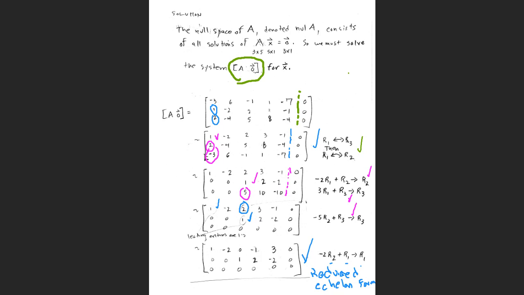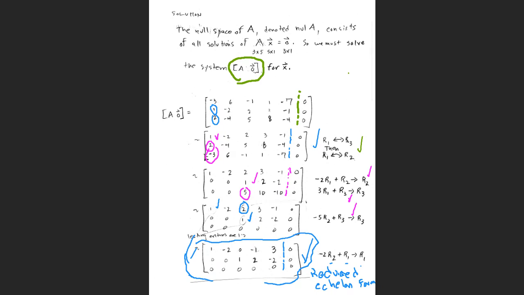All right, so in this augmented matrix, how many meaningful equations are there? 2. That's right, Mikhail. How many variables are there? 5.